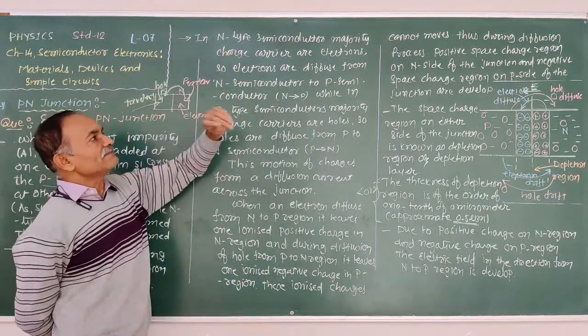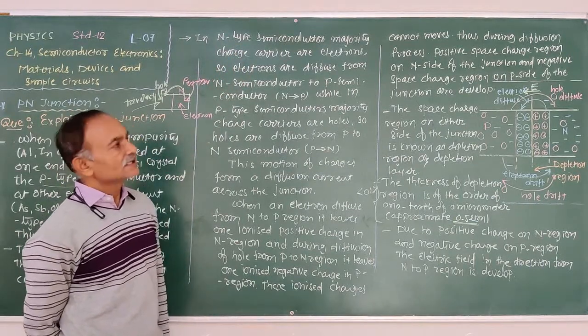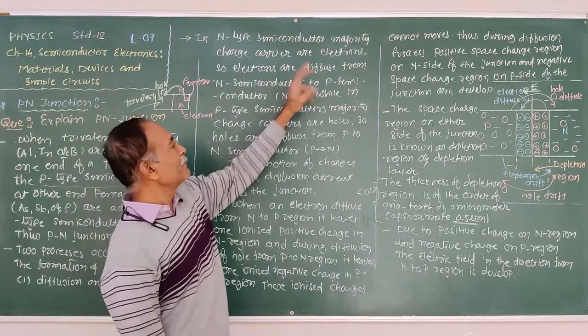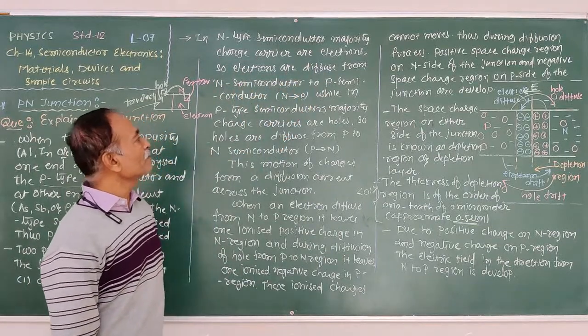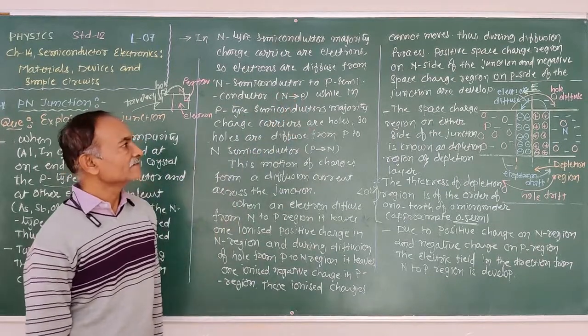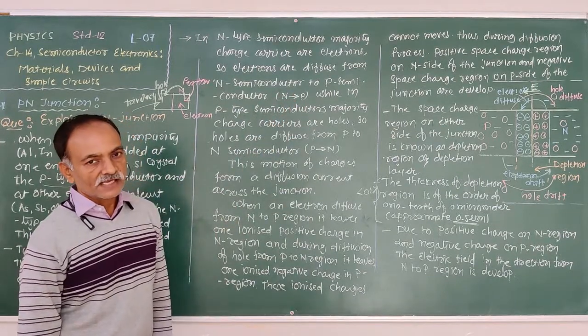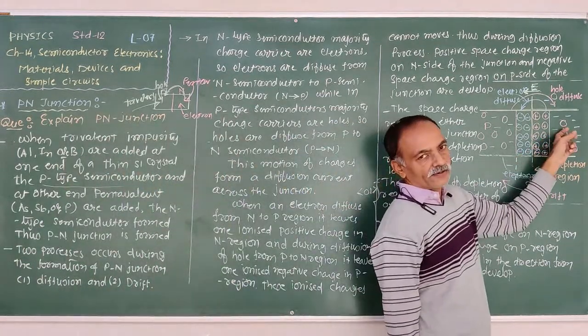In an N-type semiconductor, the majority charge carriers are electrons. Thus, the electrons diffuse from the N semiconductor to the P semiconductor. Again, in N-type semiconductor, majority charge carriers are electrons.